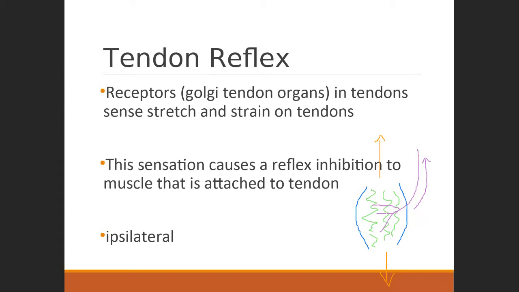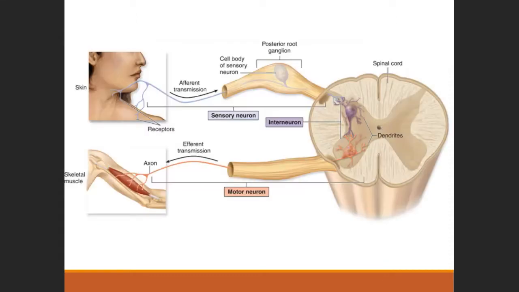now what we'll do is we'll send that sensation up the spinal cord into the posterior aspect of our cord, synapse with an interneuron. Then that interneuron will synapse with a motor neuron. And that motor neuron is going to be inhibitory for muscle contraction. Remember, we talked about how the nervous system can be excitatory or inhibitory.